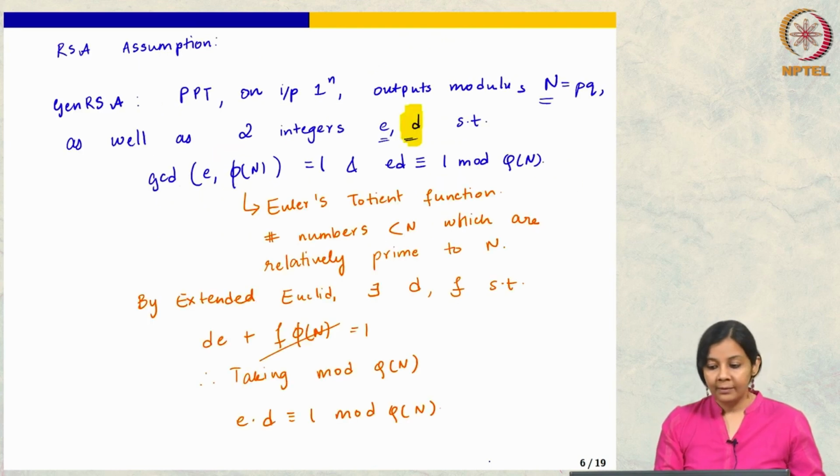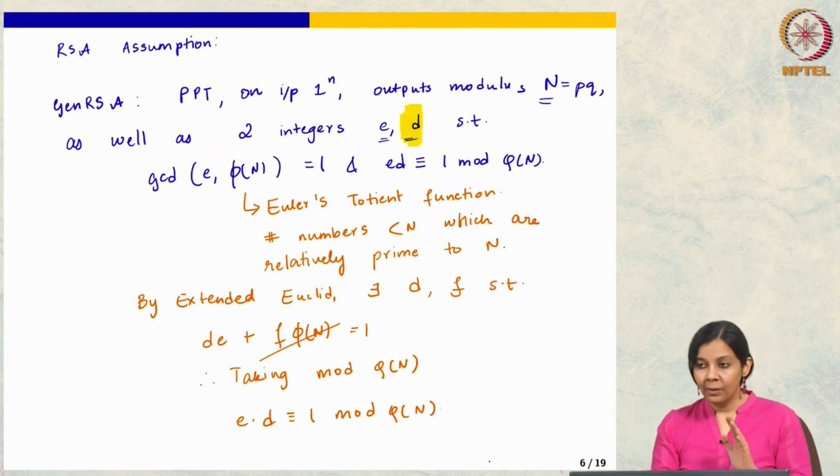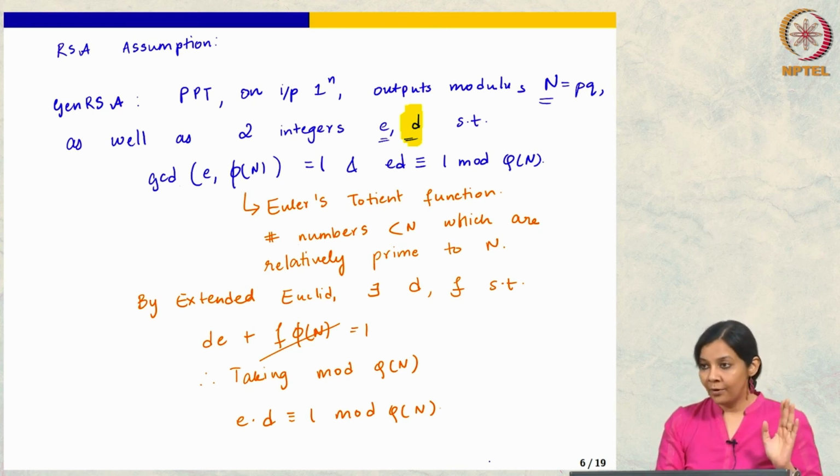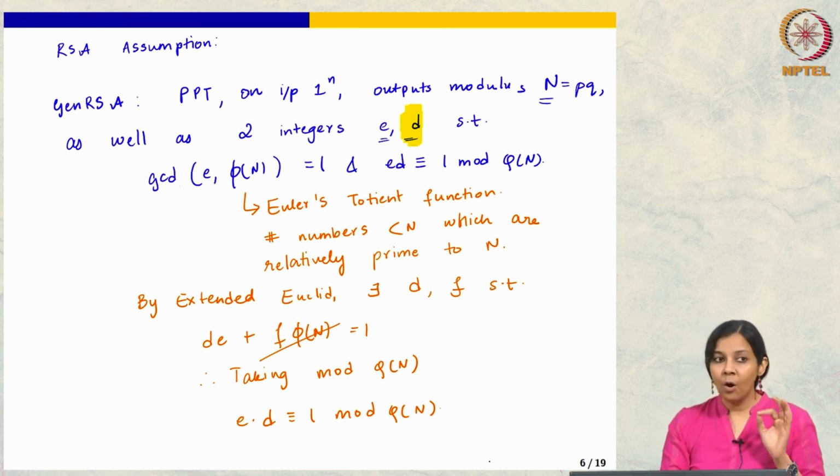So I defined these terms: I gave you an N and E and a D. I told you that E times D is 1 mod phi n, and phi n is the order of the group Zn star.